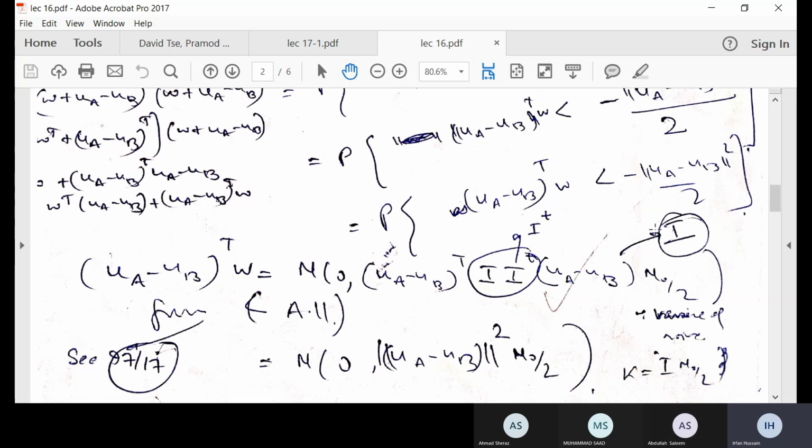You could see the formula for the covariance of a vector was actually a matrix: the expectation of x minus mu into x minus mu Hermitian, or x minus mu transpose. So it was giving us a sort of matrix. That is why it is called a covariance matrix.